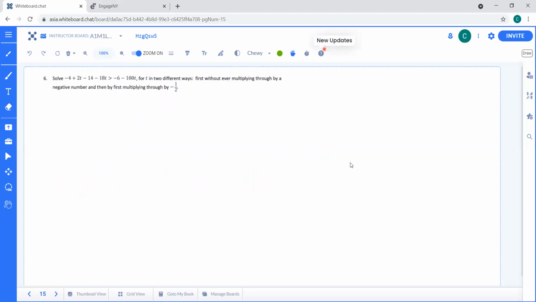All right, solve this two different ways. First, I'll do it without ever multiplying through by a negative number, and then by multiplying through by negative 1/2. Okay, so we start here. I'm just going to combine like terms. That's negative 18 minus 16t greater than or equal to negative 6 minus 100t.